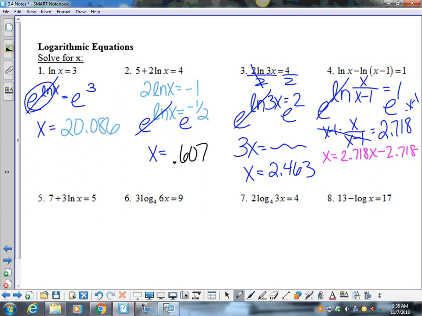Can you leave it? Times x minus 1. Yeah, and then your next step is going to be to distribute it, because I got to get my x's together. So I'm solving for x. Who should I move? This guy over here? So I need to do 1 minus 2.718. So what's that going to give me? Negative 1.